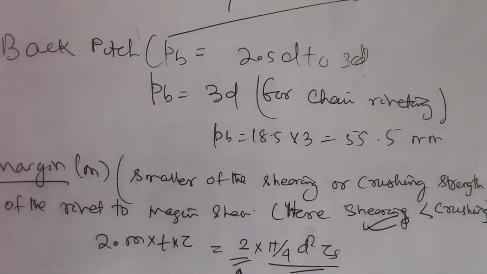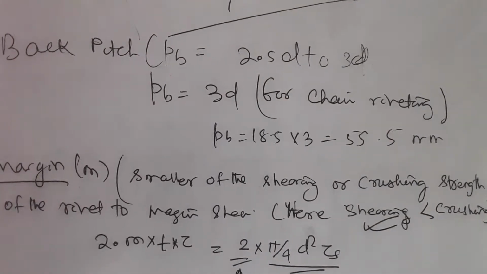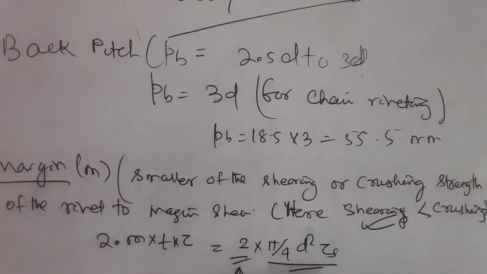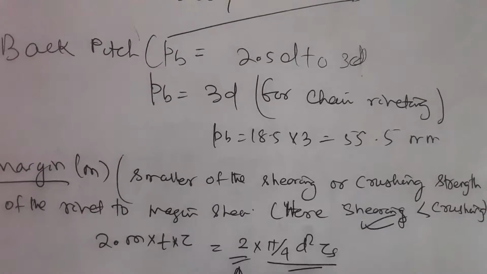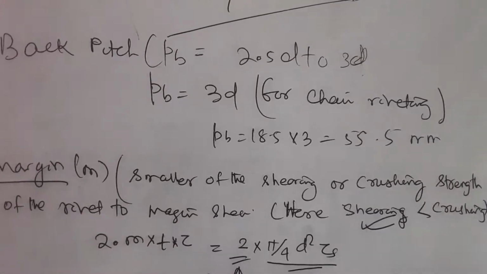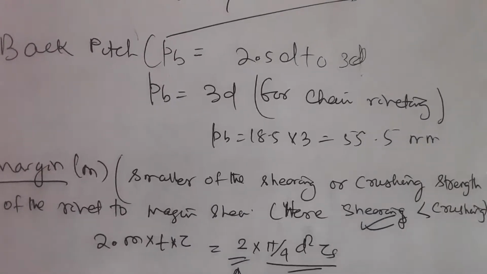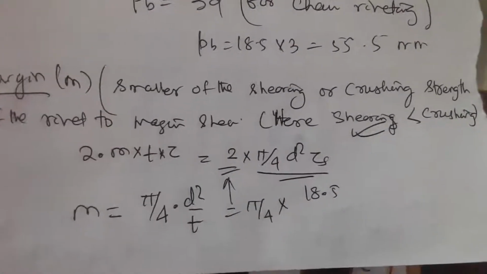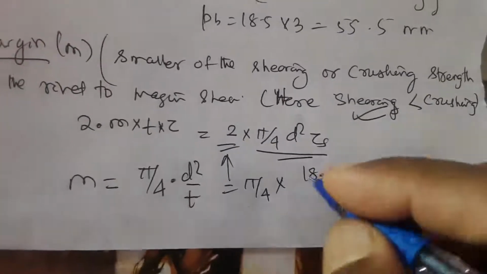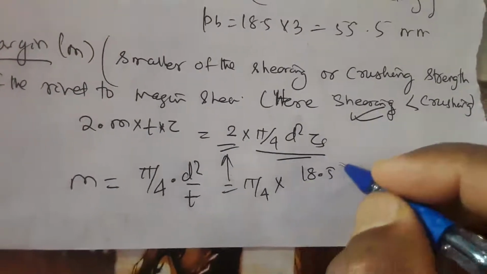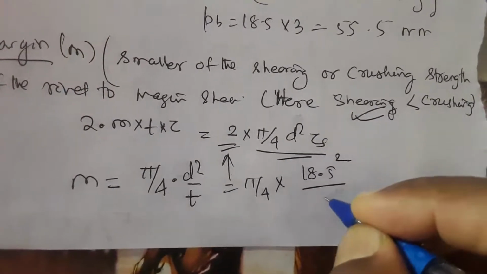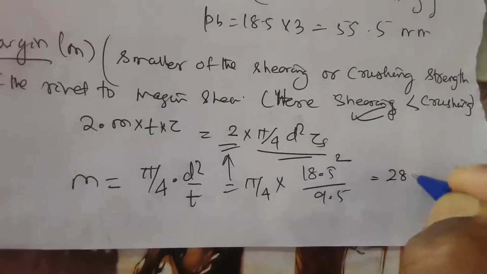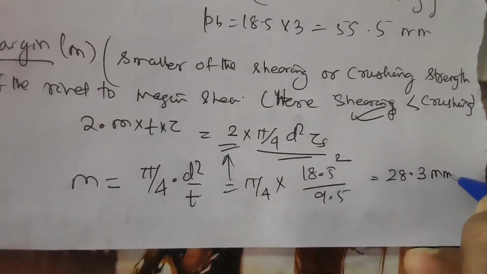So M comes out to be pi by 4 into d square by t, in this case pi by 4 into 18.5 square divided by t which is 9.5. In this case it is coming out 28.3 millimeter.